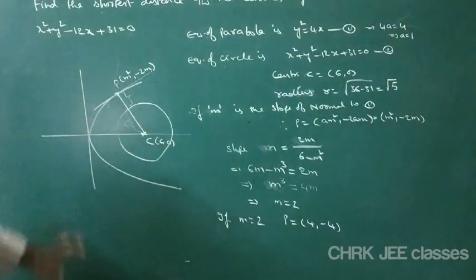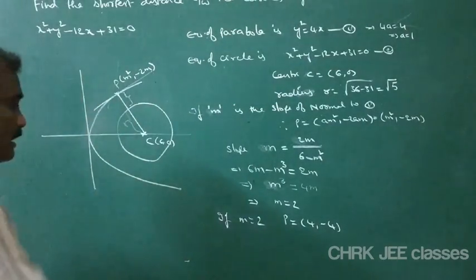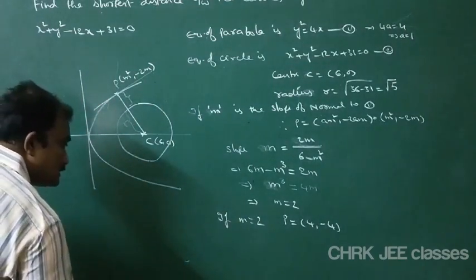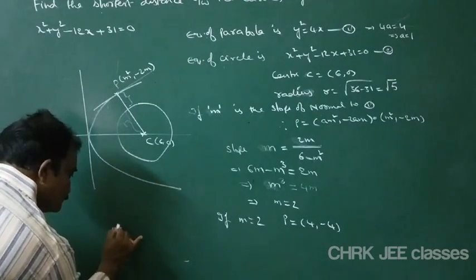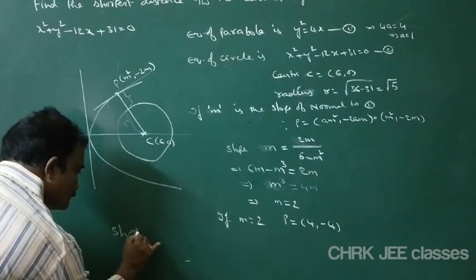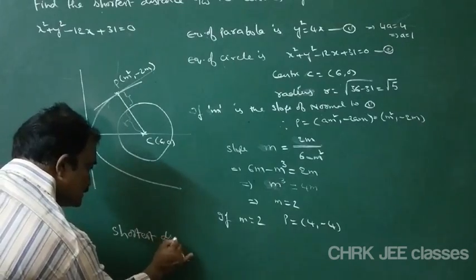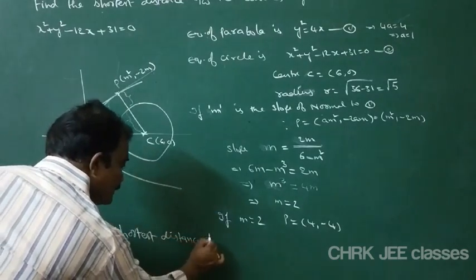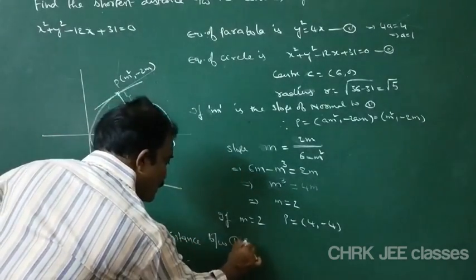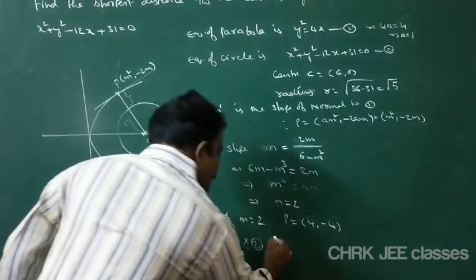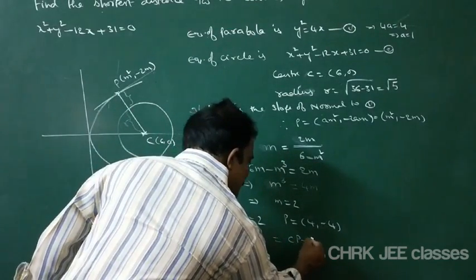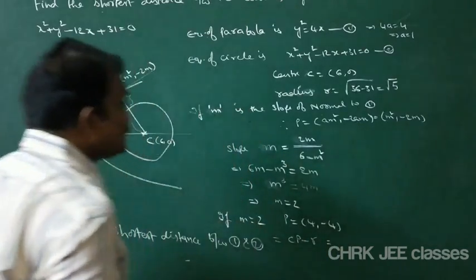The shortest distance is nothing but CP minus R. So the shortest distance between 1 and 2 equals CP minus R. What is CP?